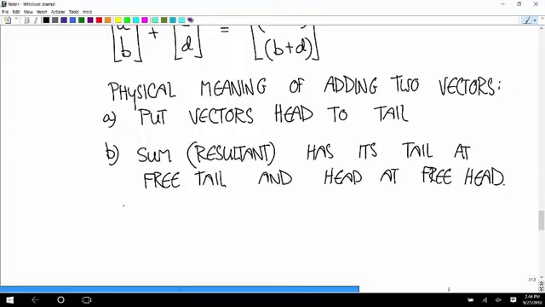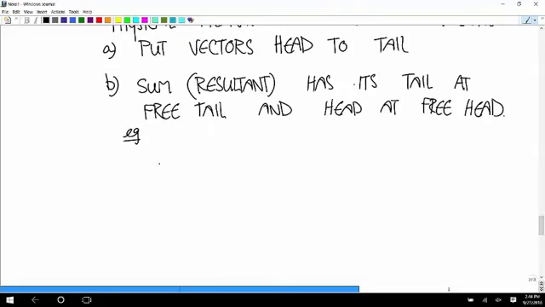Okay, so for example, if you're adding this vector plus this vector, you put the tail of one at the head of the other one, and it doesn't matter what order you choose.